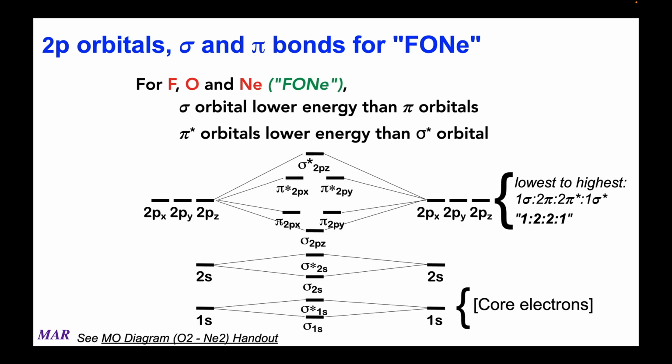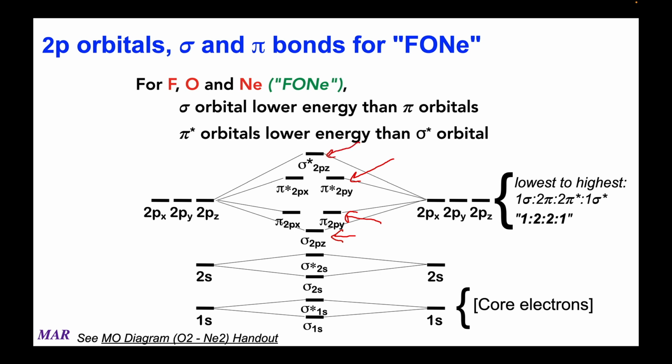There is another set of orbitals, though, as we said. There's also the oxygen, fluorine, and neon. So I'm going to refer to these as phone, F-O-N-E. And when you look at the phone orbitals, now the sigma is lowest, followed by the 2 pi bonding, and the pi star, the two of those follow, and sigma star follows that.